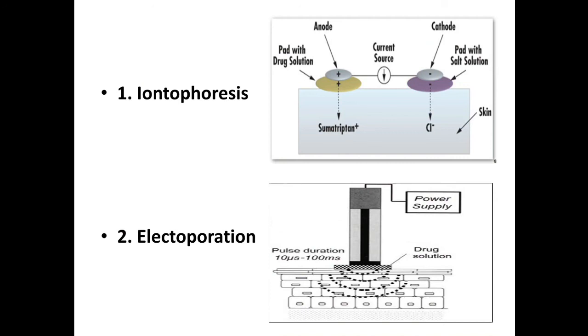Iontophoresis involves the delivery of a charged drug or chemical compound across the skin membrane by applying an electrical field, a tiny electrical current of around 0.5 milliampere per centimeter square, to promote the flow of the drug through the skin, which improves the permeability.